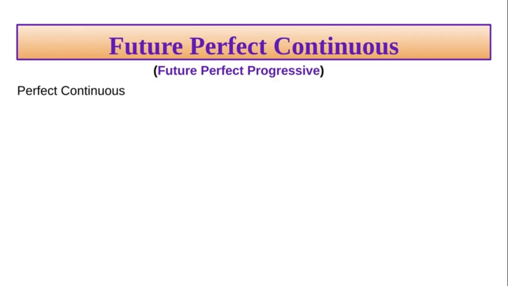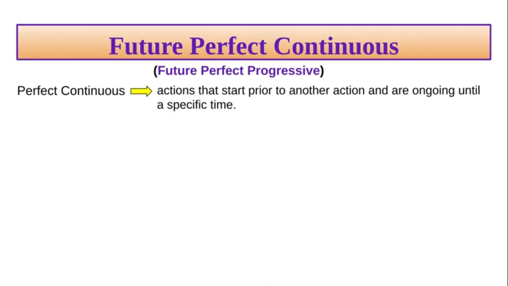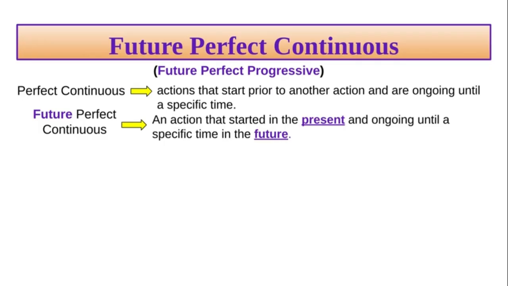The perfect continuous, these are actions that start prior to another action and continue until a specific time. The future perfect continuous, keyword future, these are actions that started in the present. They are ongoing until a future time. Okay? An action that started in the present and ongoing until a specific time in the future.